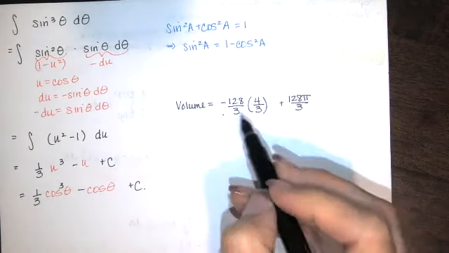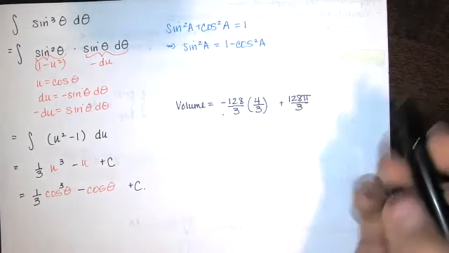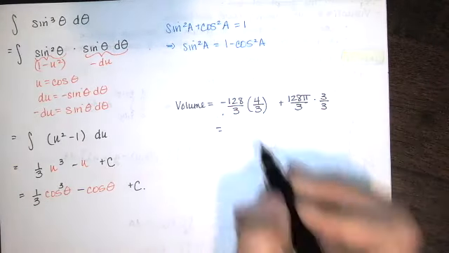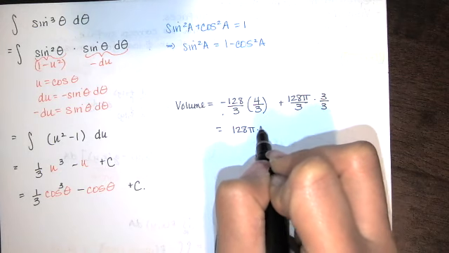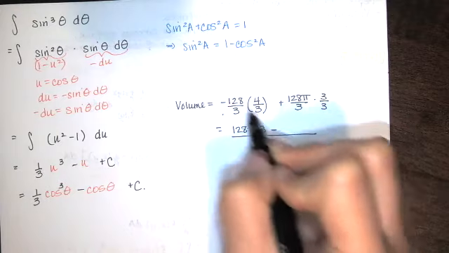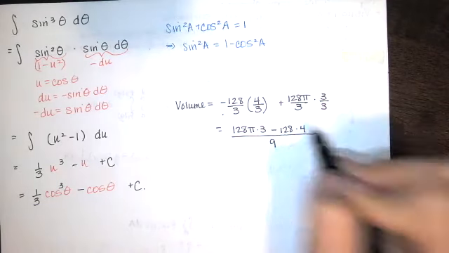So we could go on from here and simplify. I would recommend multiplying by 3 over 3 there so that we can get a common denominator. So I've got 128 times pi times 3 over 9 minus 128 times 4 over 9.